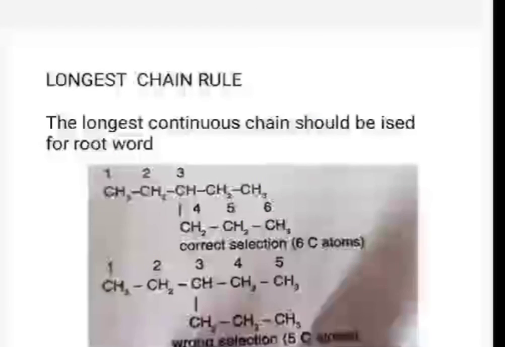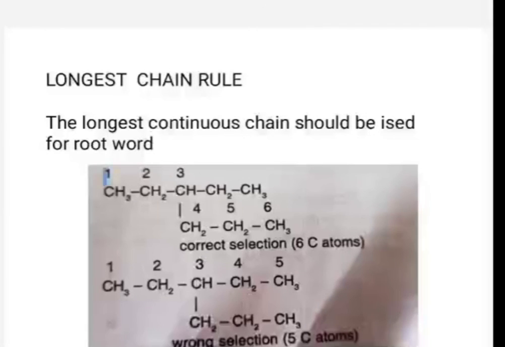Now let me explain you longest chain rule. Friends, this rule is that the longest continuous chain should be used for root word. See, look at the diagram here. Some of people think that we can give numbering 1, 2, 3, 4, 5. This is wrong, friends.